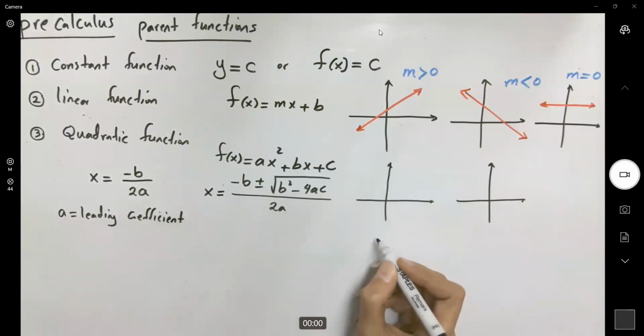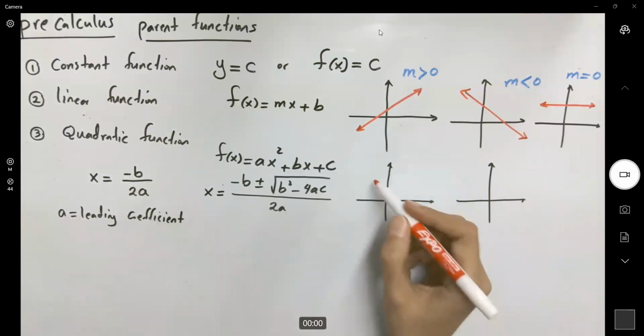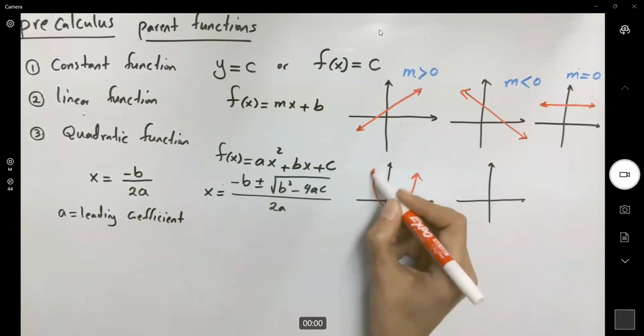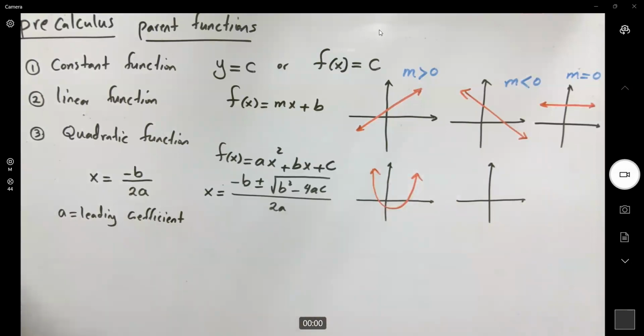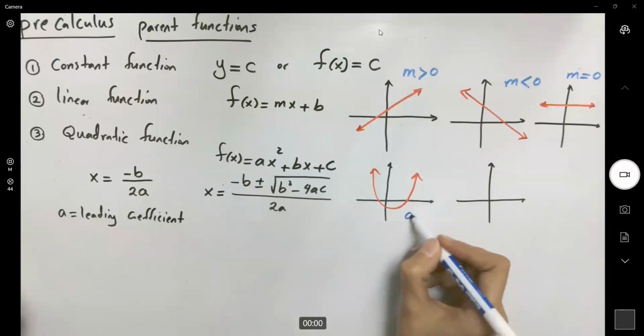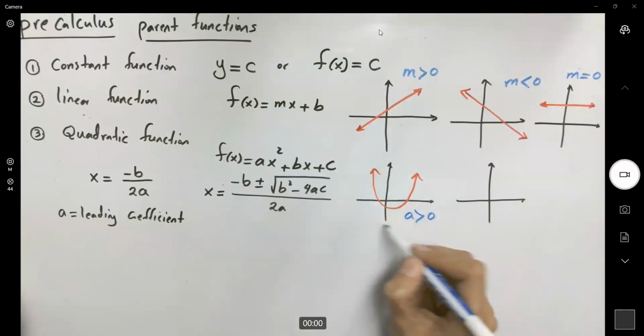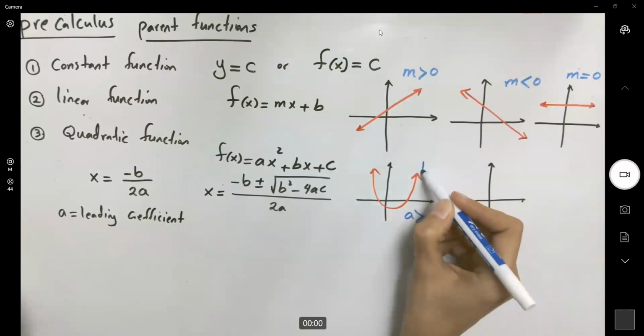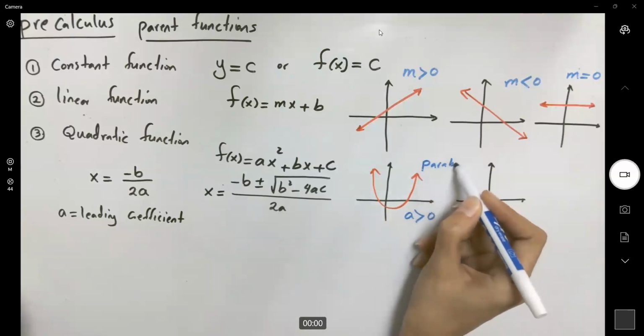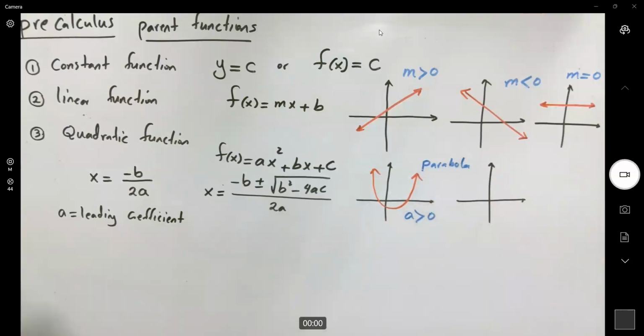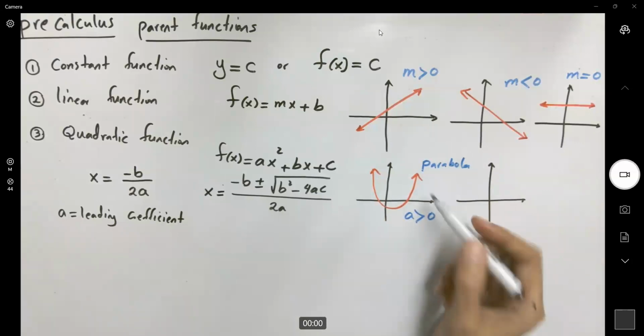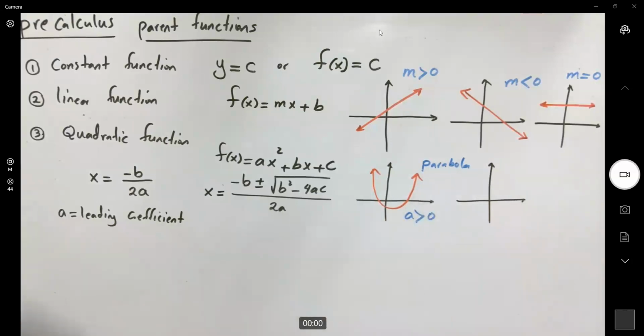If a is positive, then the graph opens up. So if your a, or the leading coefficient, is positive, the graph opens up. We call it a parabola. So the name of the graph of a quadratic function is parabola.